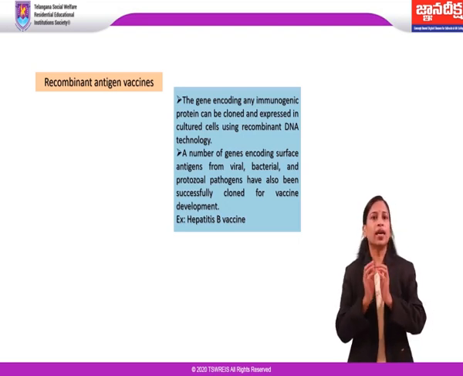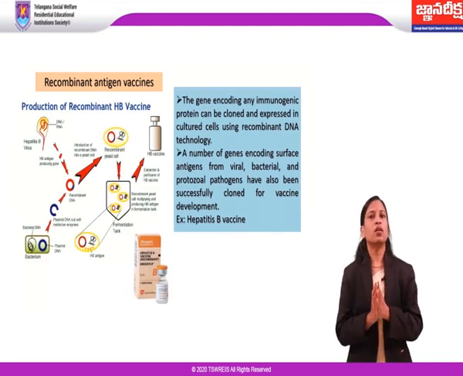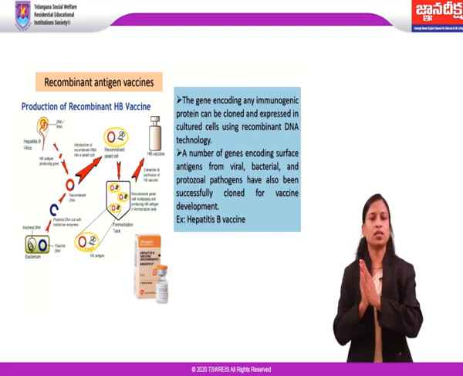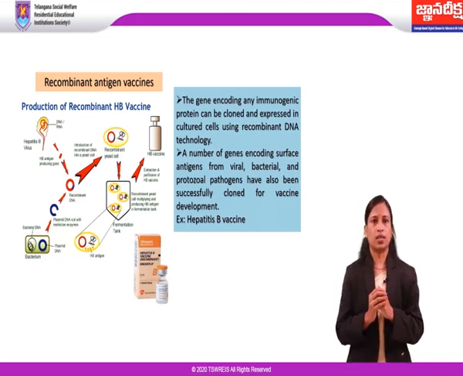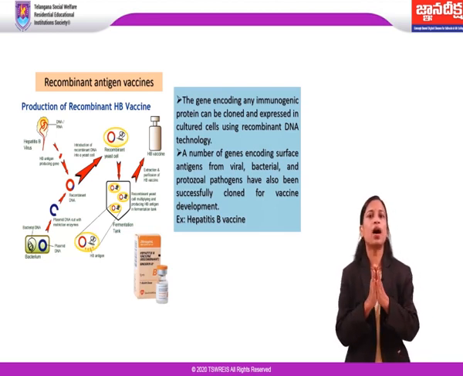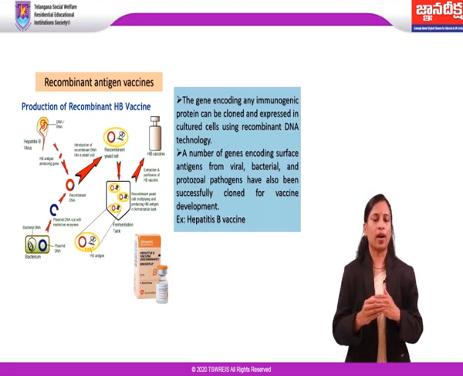The hepatitis B vaccine is the first such recombinant antigen vaccine approved for human use. This is produced by cloning the gene for the major hepatitis B surface antigen and expressing it in yeast cells. The recombinant yeast cells are grown in large fermenters to accumulate HBs antigen in the cells, then the HB vaccine is extracted and purified for commercial use.